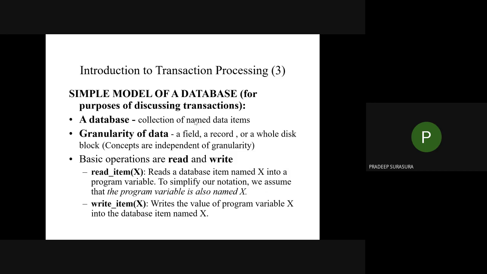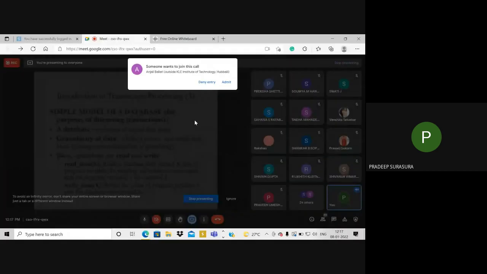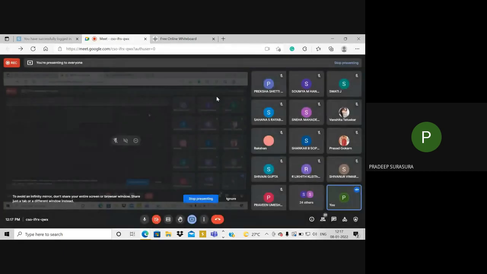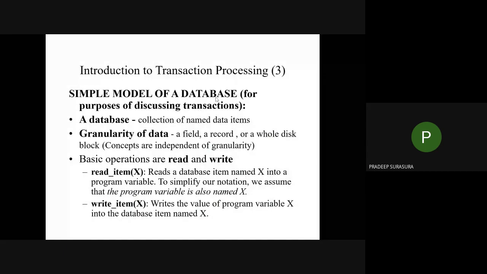All right. So please understand, we need to concentrate on certain concepts with respect to what actually is the granularity of the data. Granularity means what you are trying to concentrate on.